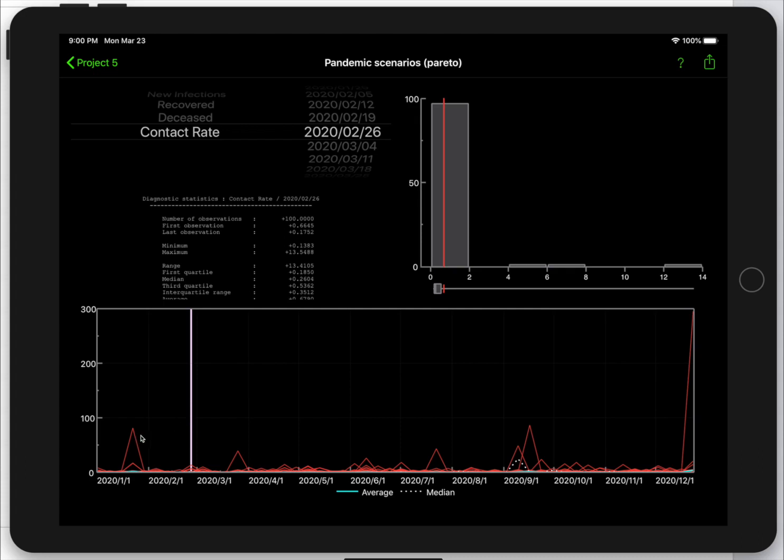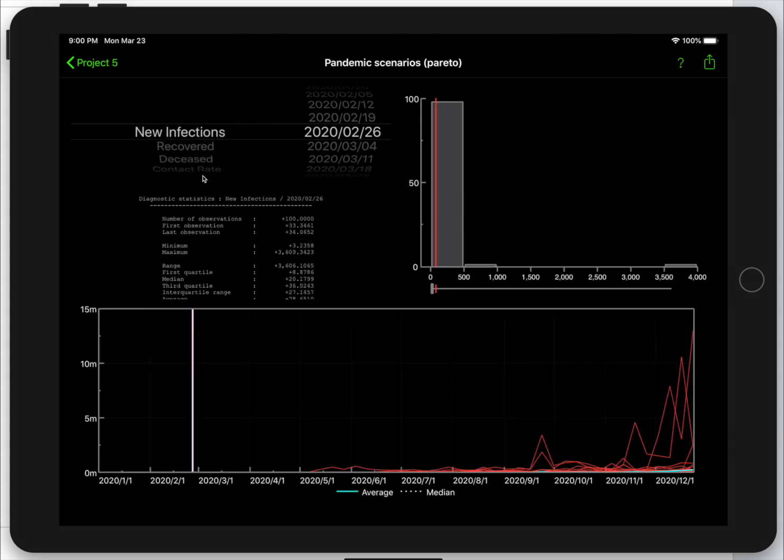And as you can see, this is the outcome of 100 different rolls of the dice. Let's look at the new infections, for example. And here you can see the thing just never gets out of the blocks. Remember, government doesn't intervene here. And it just doesn't take off. There are a couple of scenarios here, very few, where it actually does seem to be affecting a lot of people.